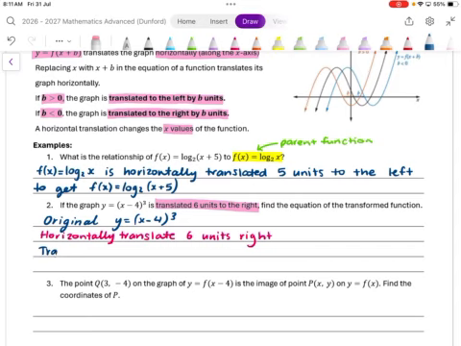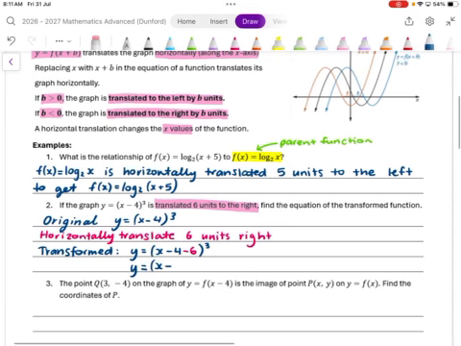So our transformed function is going to become y equals x minus 4 minus 6, all cubed, because that gets us y equals x minus 10, all cubed.